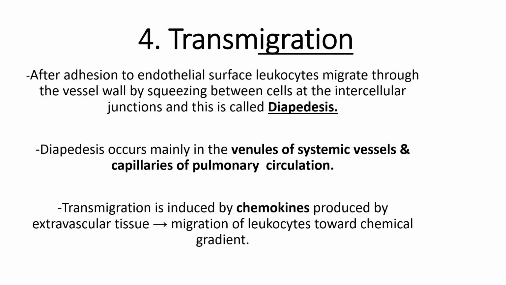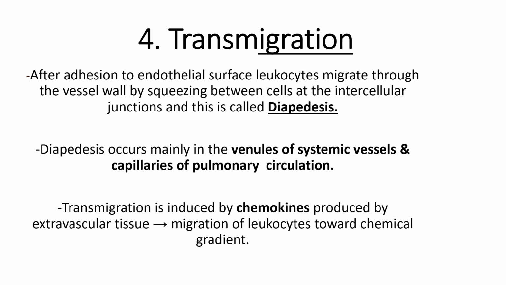After stable adhesion between the leukocytes and the endothelial cells, the leukocyte will squeeze between the cells at the intercellular junctions, and this process is called diapedesis. Diapedesis occurs at the venular side of the systemic circulation and in the pulmonary capillaries.